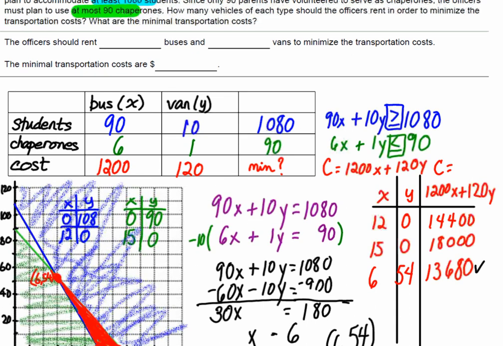So the officers will be able to rent 6 buses and 54 vans to minimize the transportation costs, and our minimum cost will be $13,680.